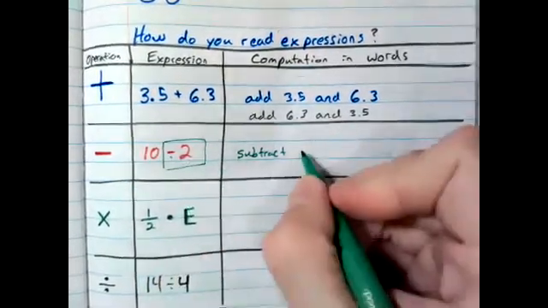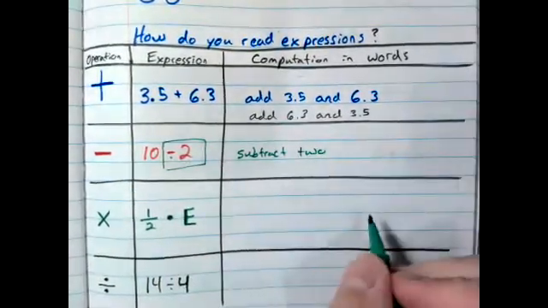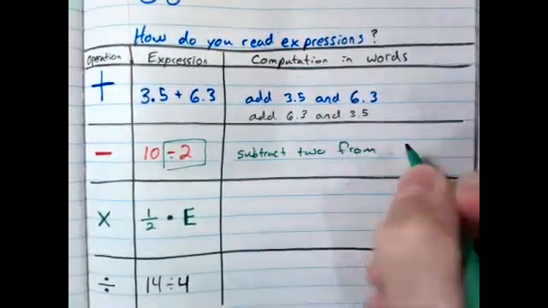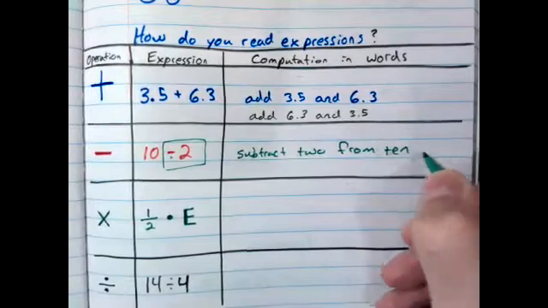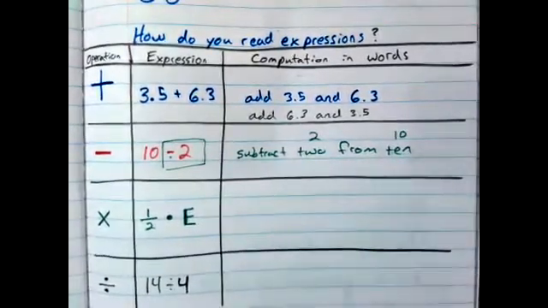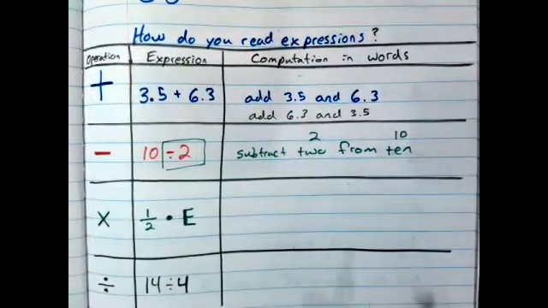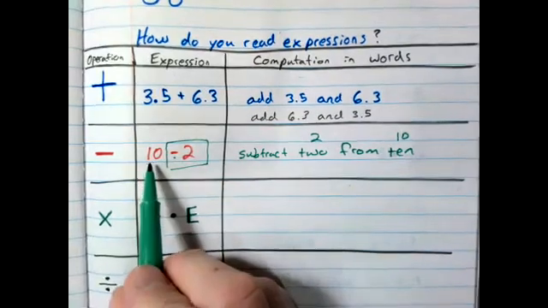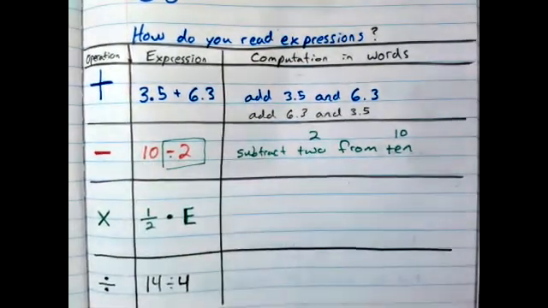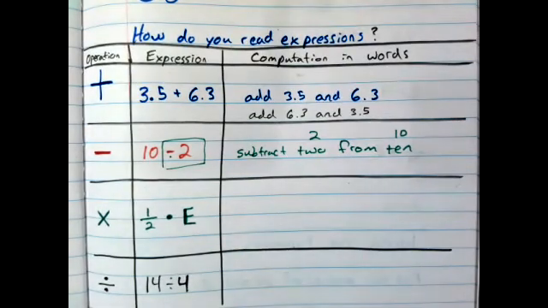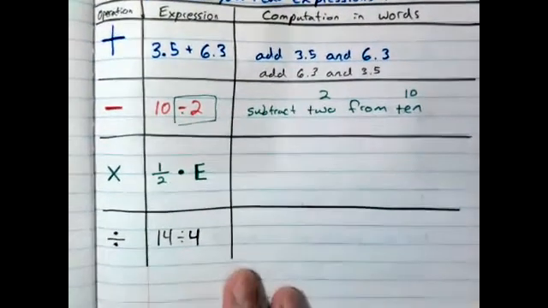Subtract 2 from 10. Now, of course, we could be using the number as well. Either one works. Subtract 2 from 10. So start with the operation, see what we're taking, and then we'll state where it's being taken from. Awesome. Oh, that should have been read. Whoops.